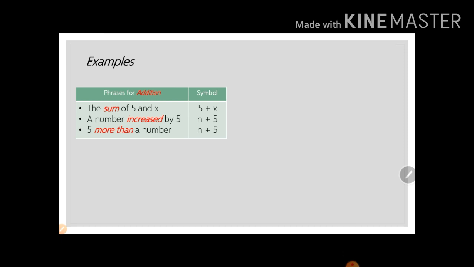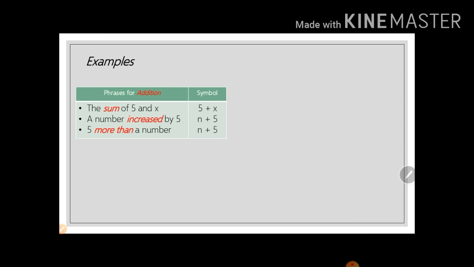Okay, if there's no specific letter being used in the phrase, you can use any letter, but most of the time we use n or x. So that would be n plus 5. Number 3 is 5 more than a number.